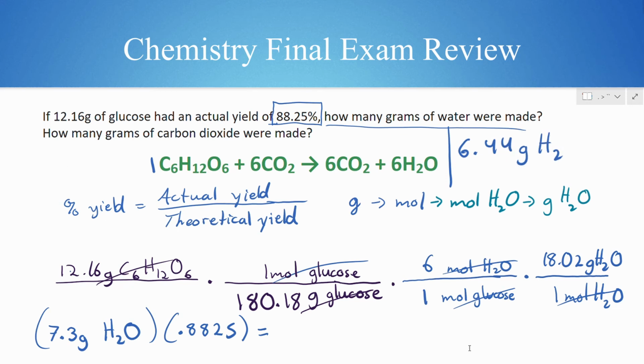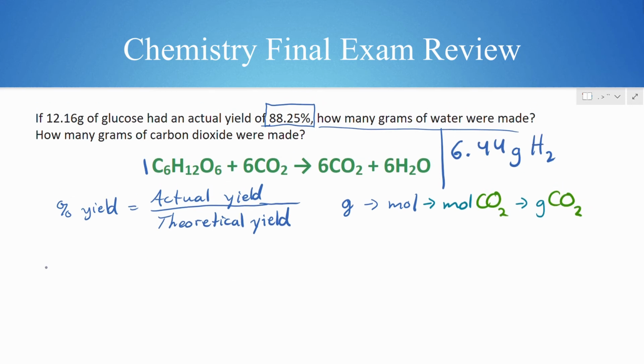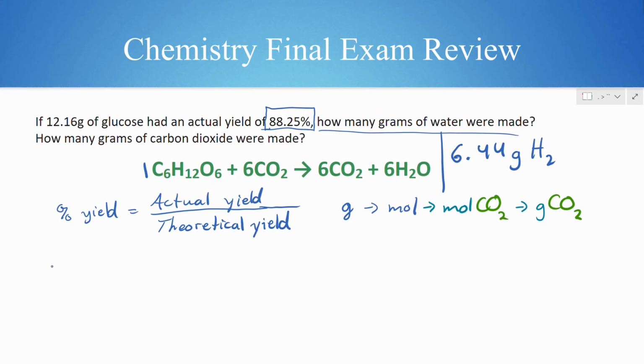Let's do the same thing for carbon dioxide. Again, we start off with 12.16 grams of glucose. I'm just going to write gluc or glucose. And we're going to multiply this by the molar mass of glucose so that we can get the moles of glucose. So grams of glucose on the bottom and moles of glucose on the top.